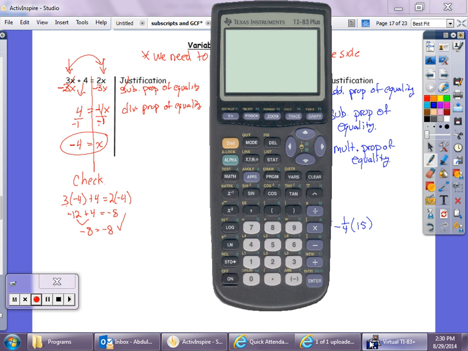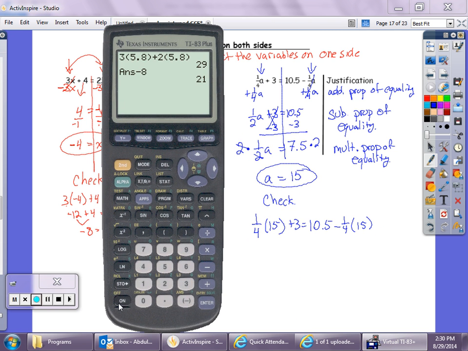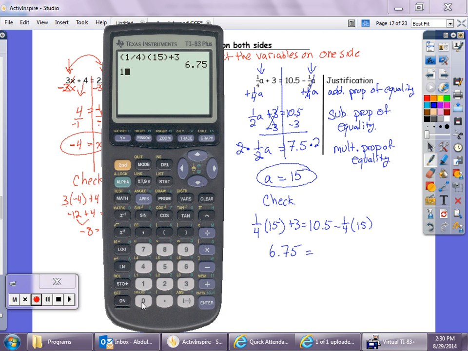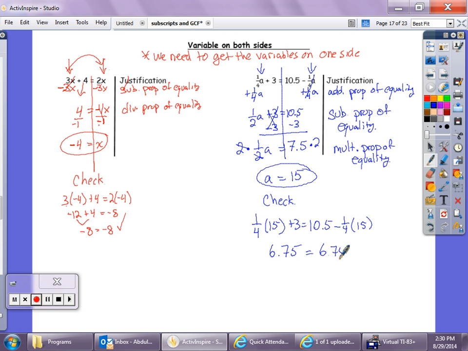If we take a look at our calculator, there's my 1/4 times 15 plus 3, I have 6.75, equals, and we have 10.5 minus my 1/4 times my 15, 6.75. So that's a true statement, so that checks out. So we know that 15 is our correct answer.